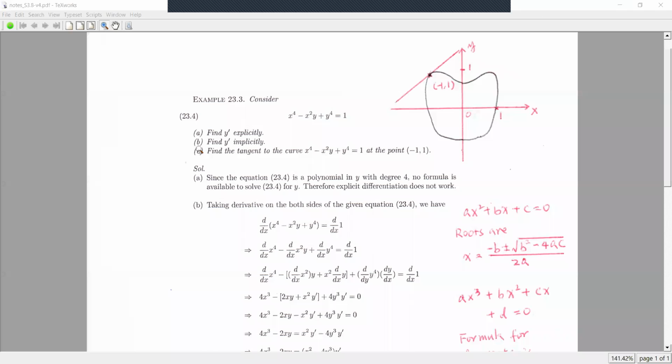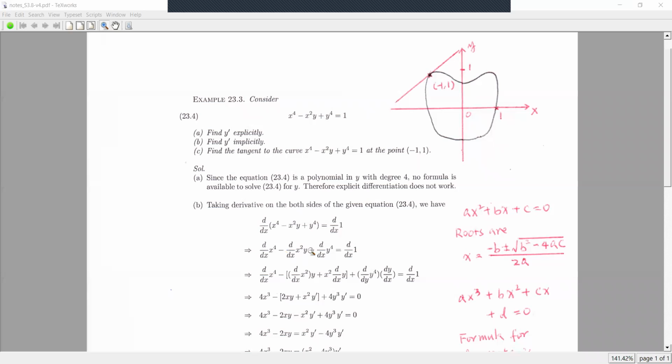Solution to part B. Take the derivative on the left side and on the right side of the given equation. Then we have this equation. By the subtraction and summation formulas, we split the derivative on the left side into 3 derivatives.